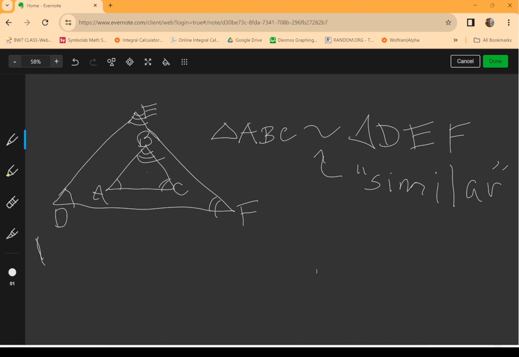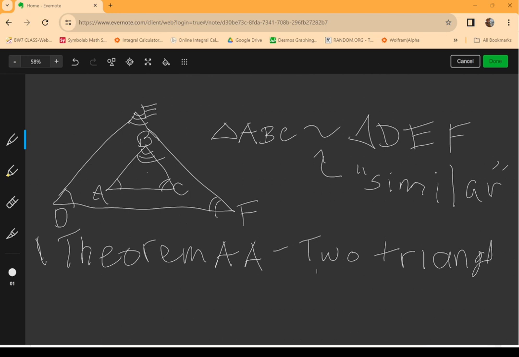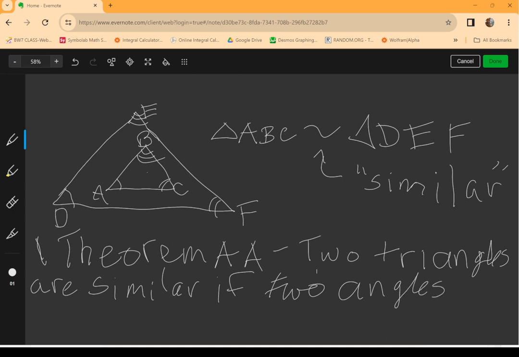Theorem AA. That states that two triangles are similar if two angles of one triangle equal two angles of the other.